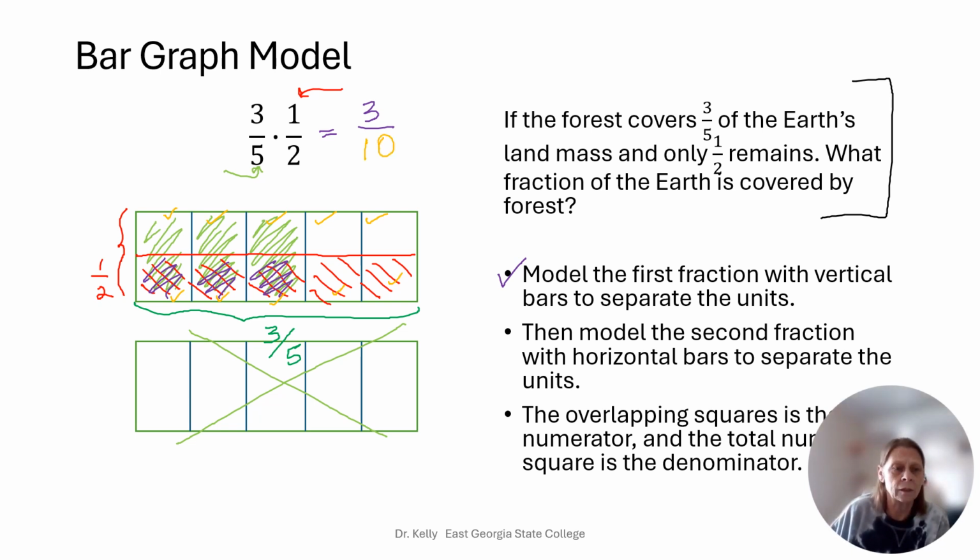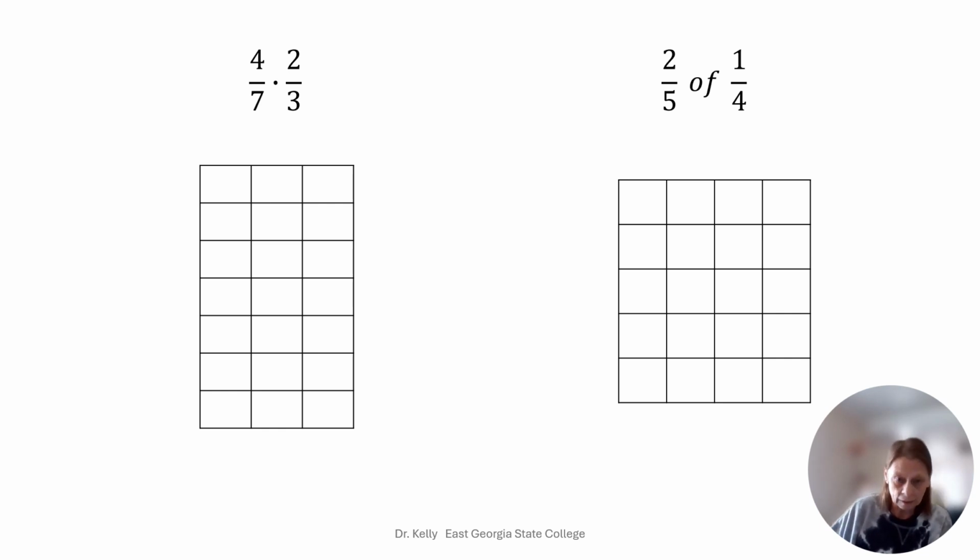Okay, so let's look at a couple more of those. Let me change over to a highlighter since these are already drawn. The first thing we're going to model is 4 out of 7. So we're going to do these 4 rows out of the 7 rows, let me show you that that is 4 out of 7.